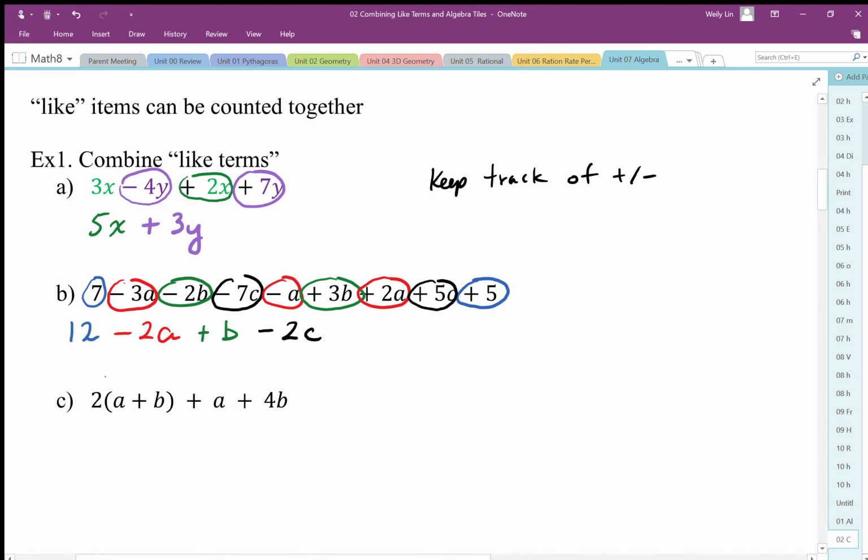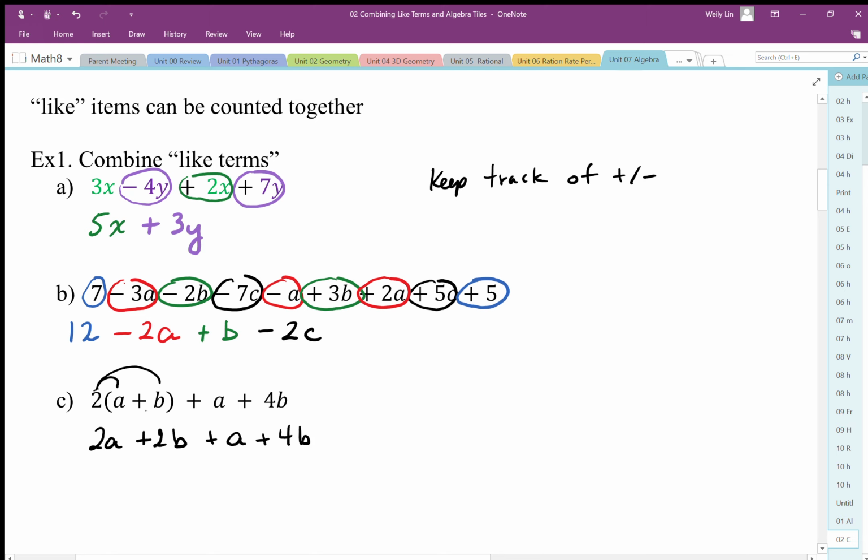For this one here, we want to know how many A's and B's there are first. This 2 represents groups of all of this. So if there's 2 groups of A plus B, that means I have 2 groups of A and 2 groups of B. So I really should make sure that I account for that. And notice I'm doing my math vertically again, and I'm keeping track of all the terms in the next line.